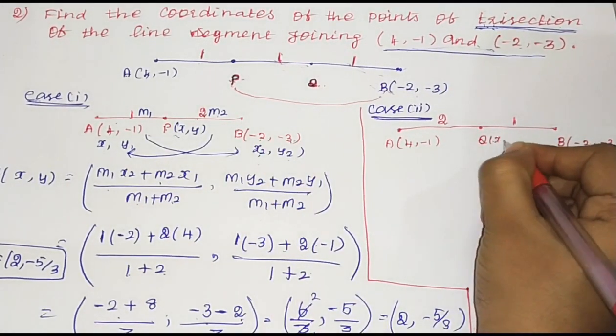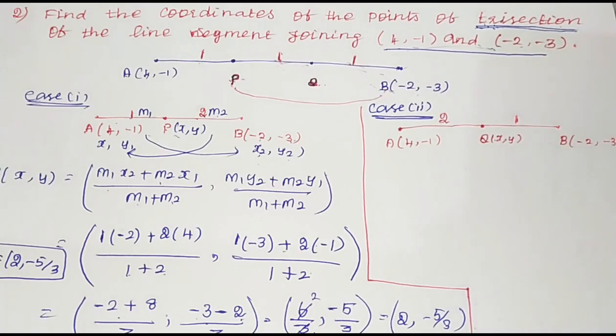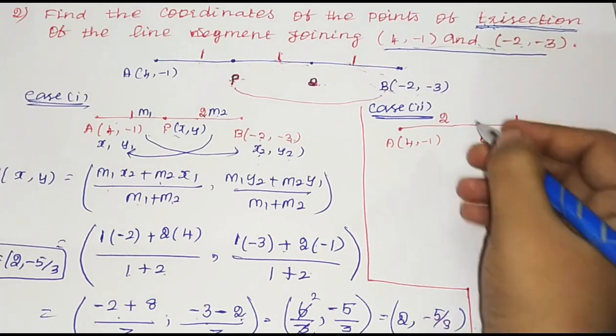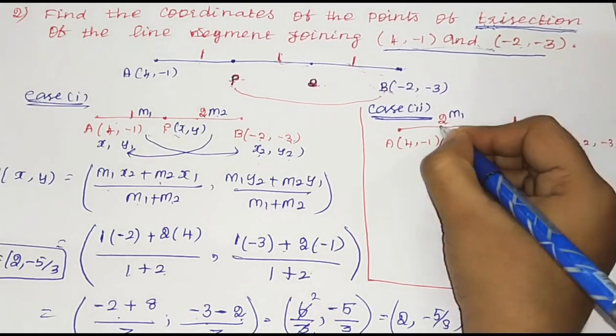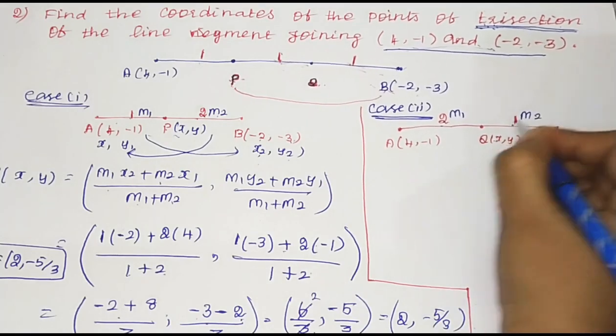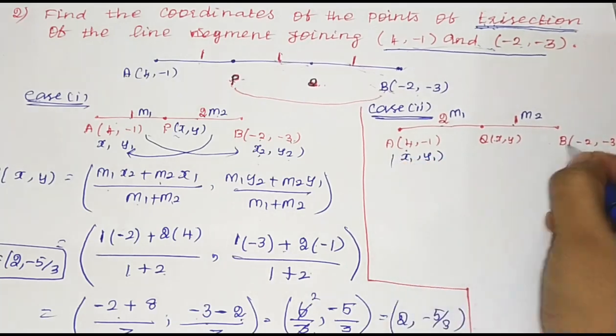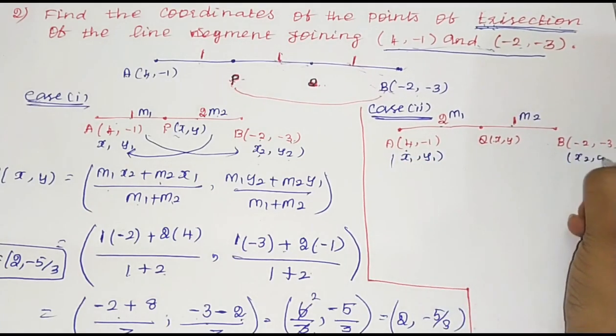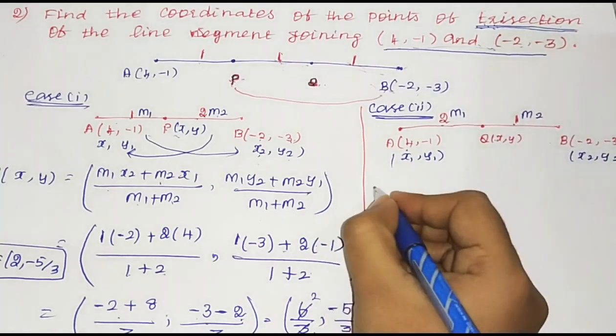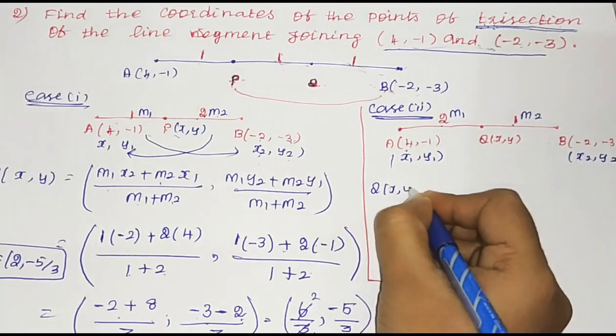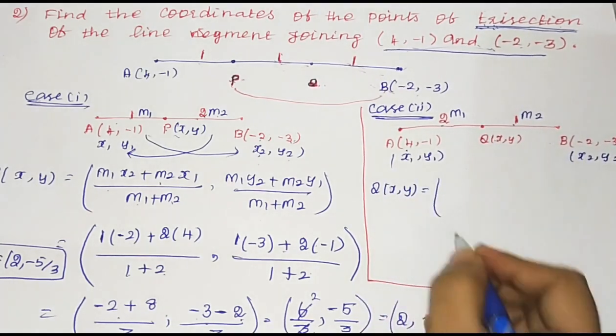Here we have to find out Q of x comma y. The same section formula we can use. Instead of m1, 2, instead of m2, 1. This point I consider x1 comma y1, and this point I consider x2 comma y2. Now we have to find out Q of x comma y equal to the same formula.